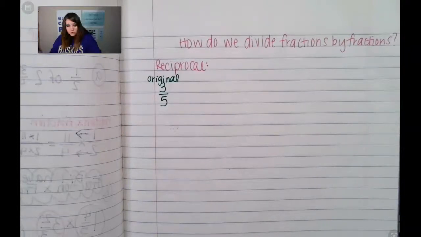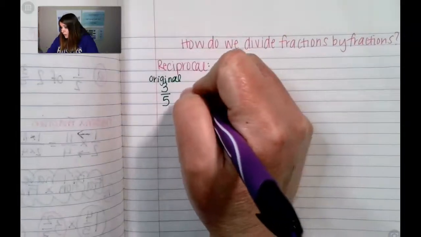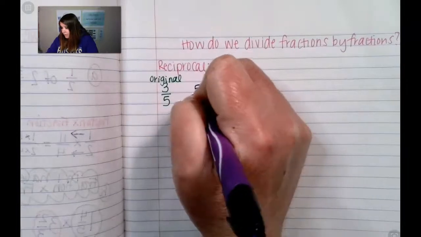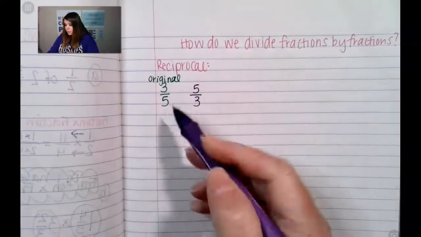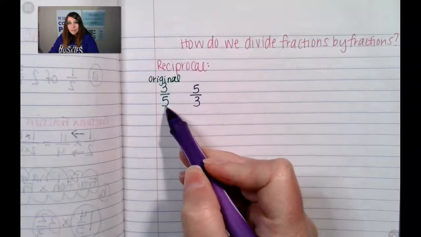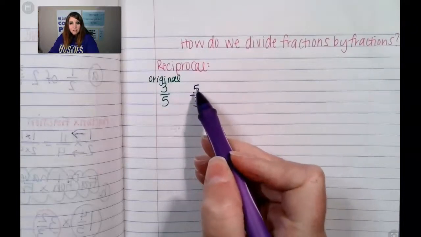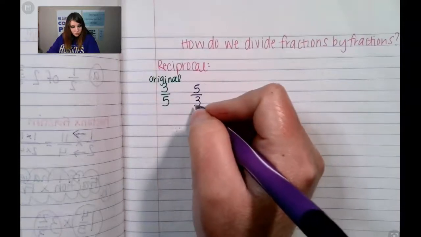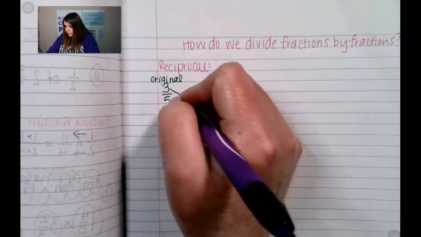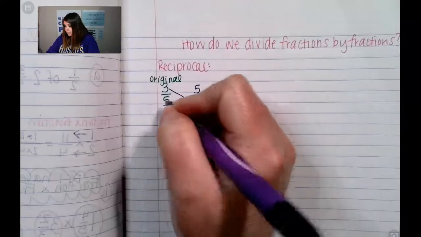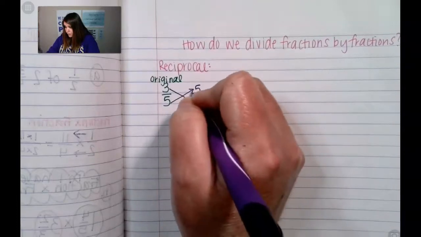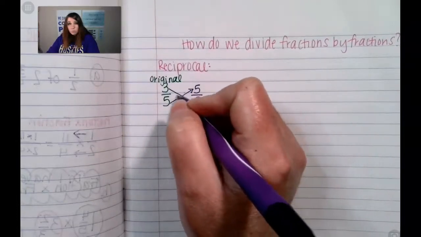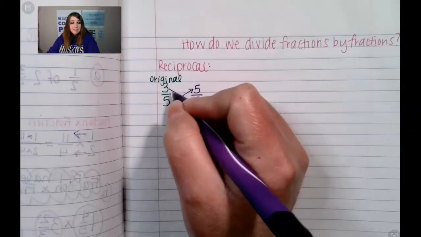When I flip it upside down, I get 5/3. Notice that the 5 was on the bottom, now it's on the top. This is its reciprocal. The 3 moves to the bottom, the 5 moves to the top, and you get this multiplication sign in the middle.